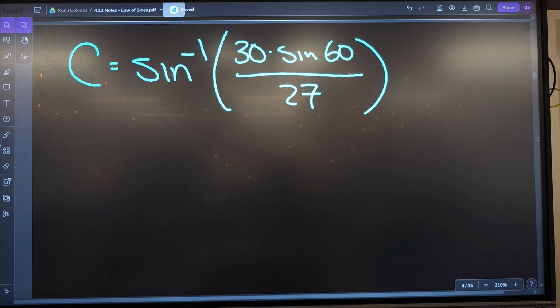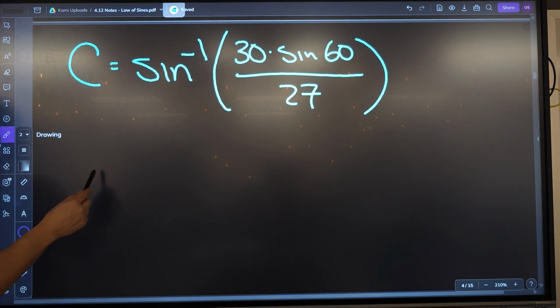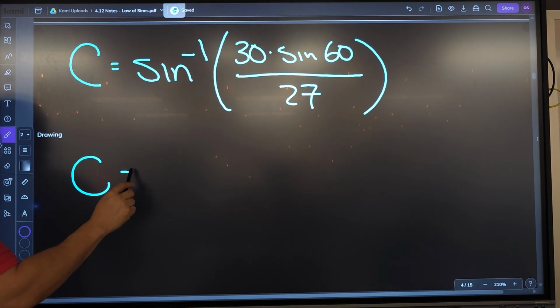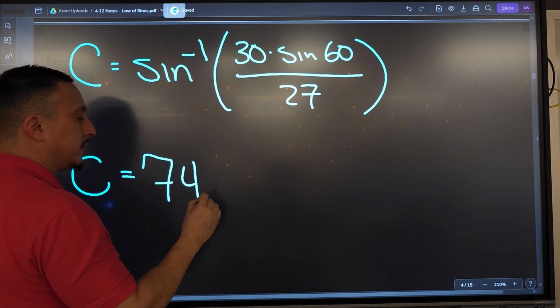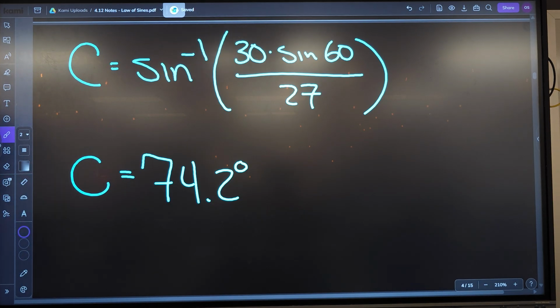Alpha y equals, again, makes it look like a fraction. Make sure you're in degree mode. Make sure it's the inverse sine, not the regular sine. And you should get a nice angle after that. So angle C equals 74.2 degrees.